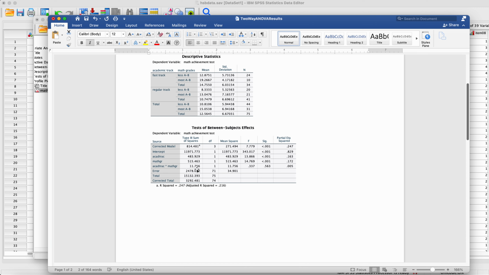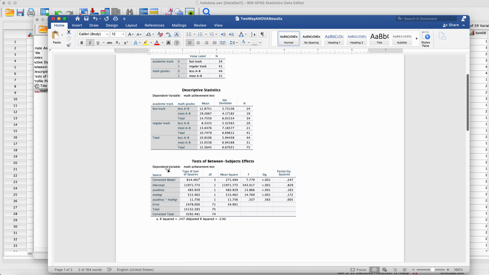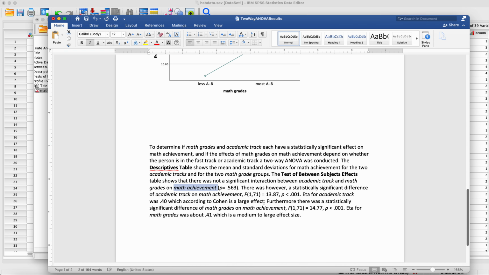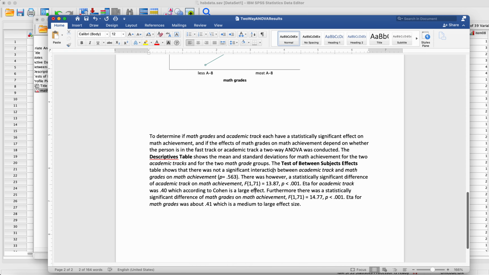So if I'm looking at how math grades and academic track are interacting in this ANOVA, there's something going on there, and it's not significant because I have a p-value of 0.56. So I fail to reject the null. So that's really important. Typically, we would want to state the interaction between the two things first. So that's the first thing we would report.